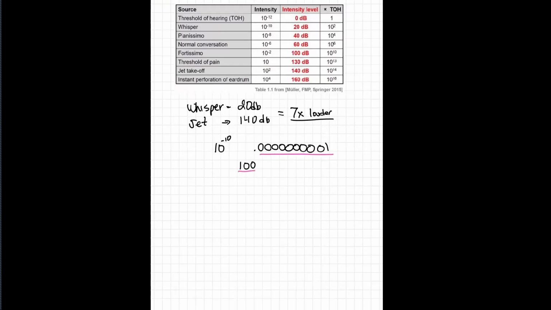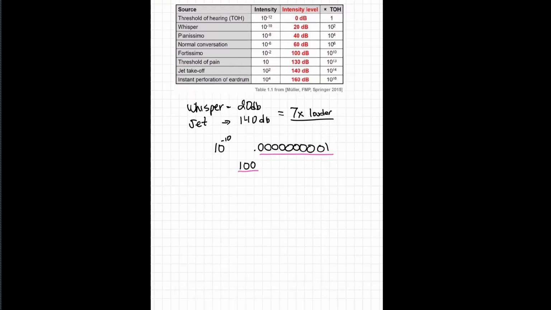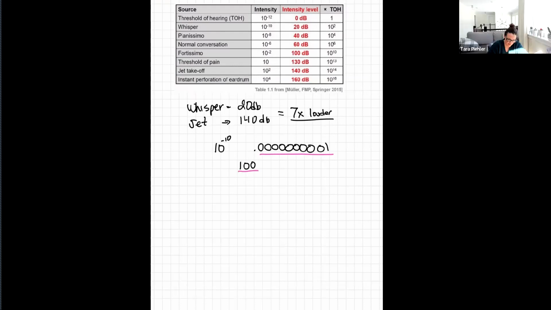A very large number, 1 followed by a ton of zeros. 1, 2, 3, 4, 5, 6, 7, 8, 9, 10, 11, 12. Make sure I did it correctly. The difference is 12. This is 10 to the 12th times stronger or louder than a whisper.